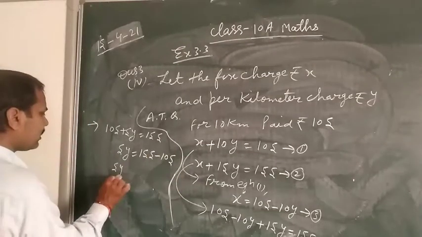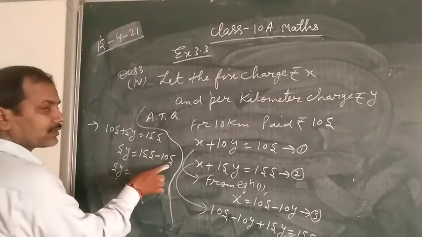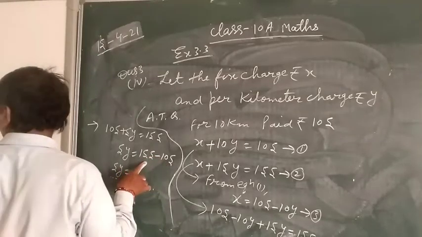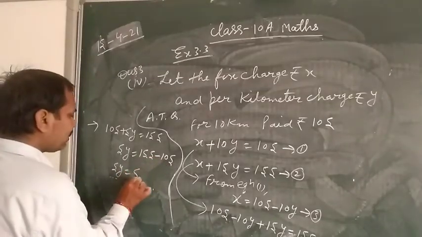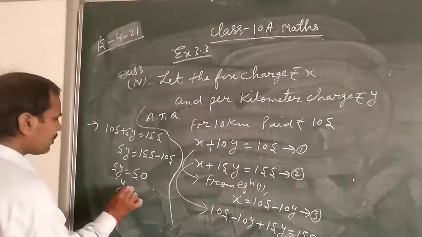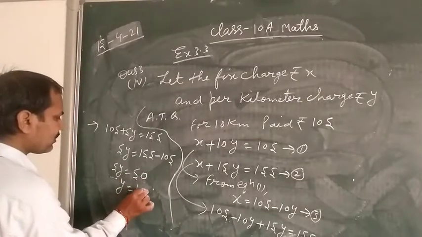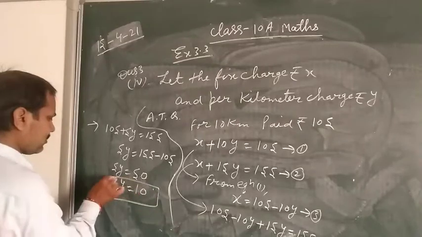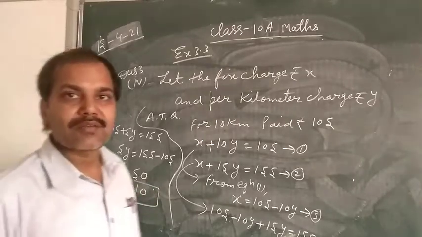Subtract 105 from 155, so 50. So y is equal to 50 divided by 5, y is equal to 10.